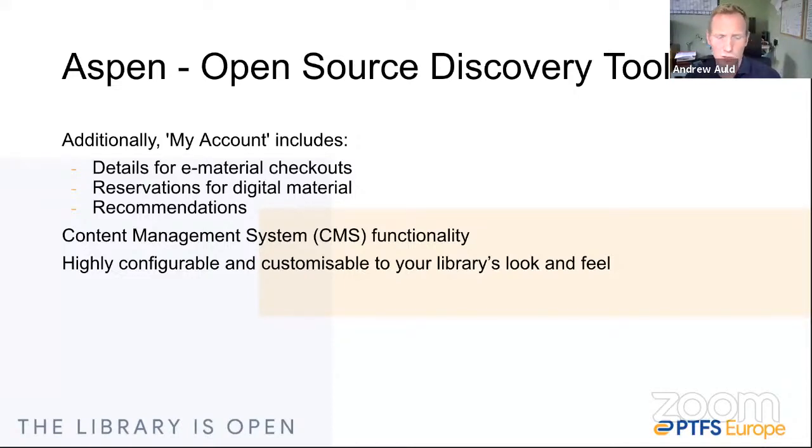So for doing short surveys, that kind of thing. And Mark will show you how that works and how that content management functionality really enables you to develop a one-stop shop for your library users. And the whole Aspen look and feel is configurable and customizable to your look and feel and your branding.